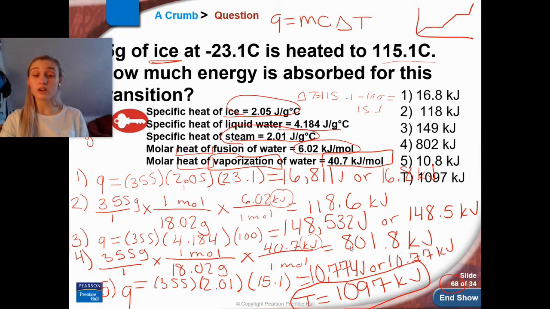We got 801.8, which is super similar to 802. And then for 5, we got 10.8 here, and I got 10.77 down here. If I would have just rounded up, it would have been 10.8. And then the total is 1,097, and we got that exactly. So we did this right.